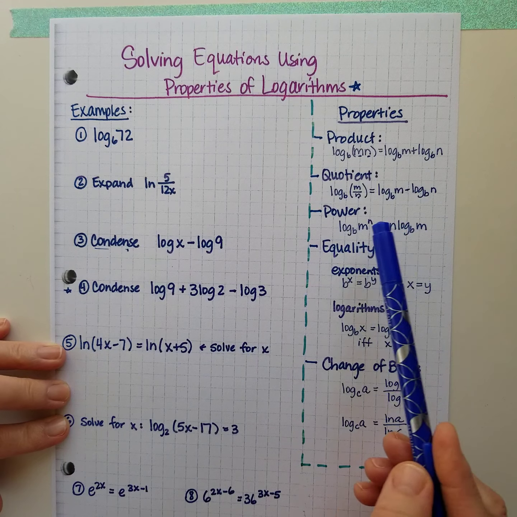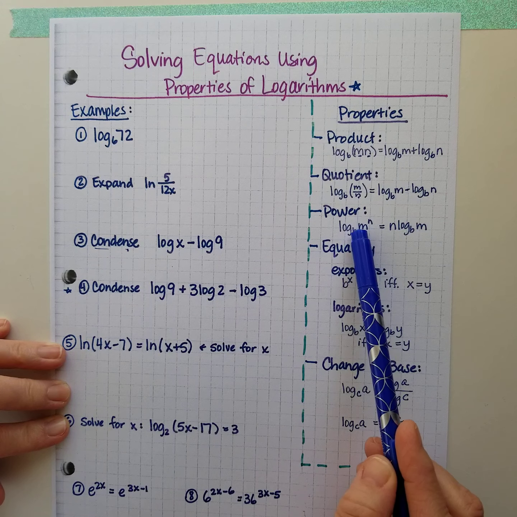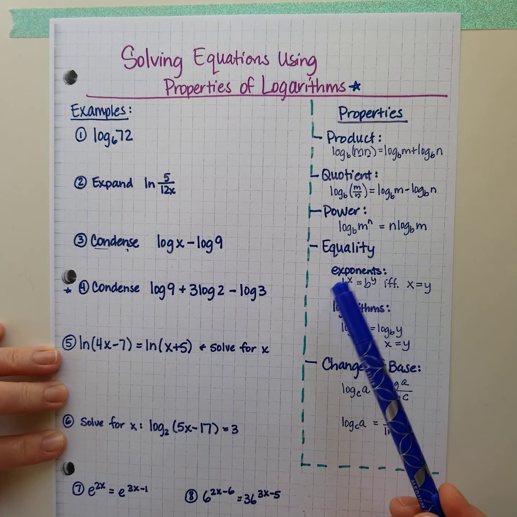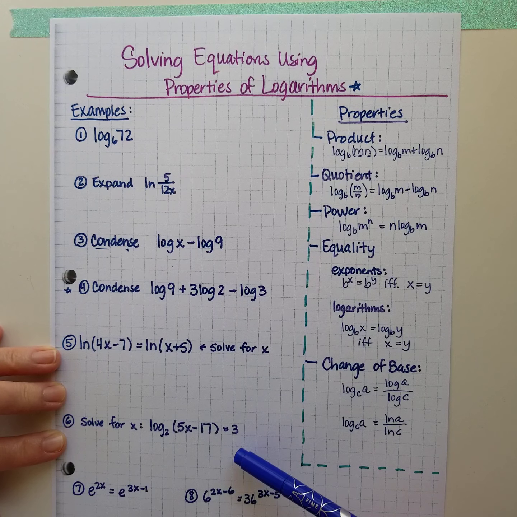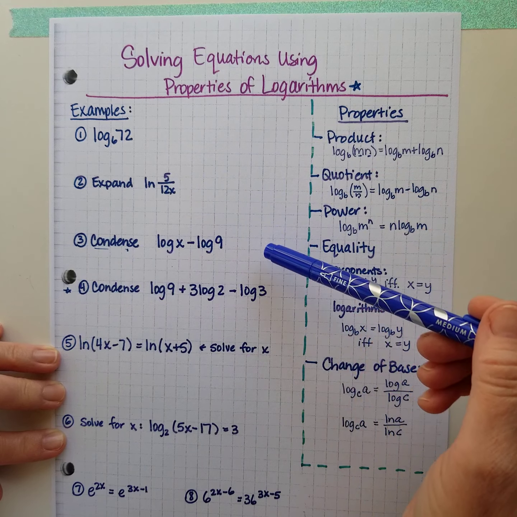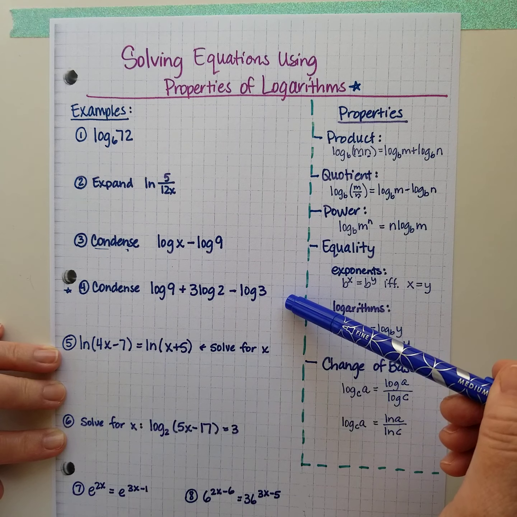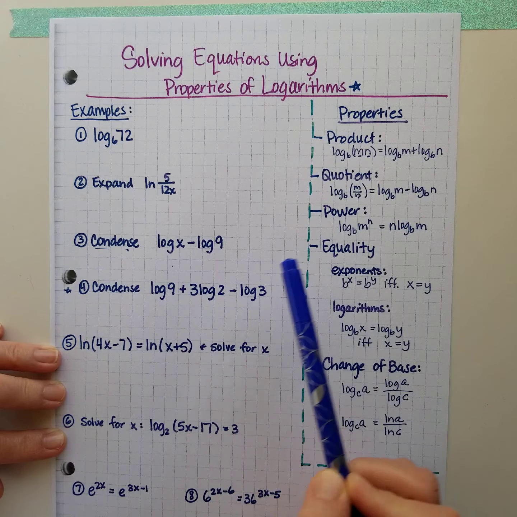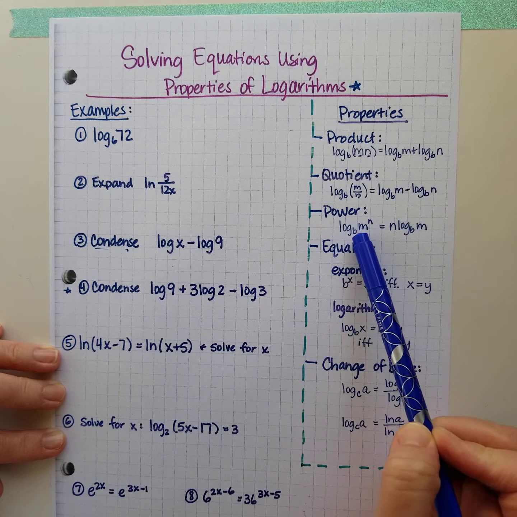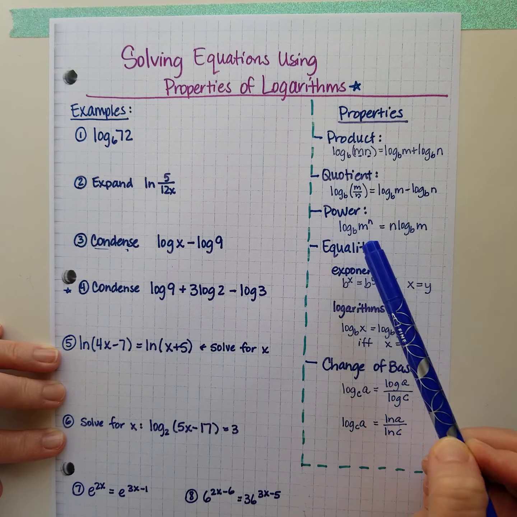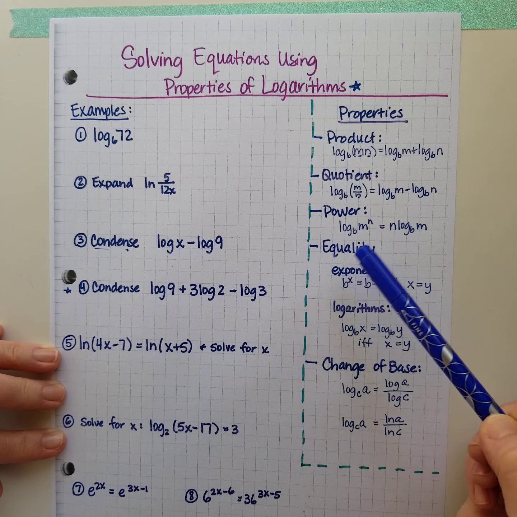Then we're also going to look at this power property. Where's that one going to be? Oh, it's coming in right here, this little 3 in front. The power property says if you have log base b of m to the nth power, remember when you raise a power to a power, you multiply.